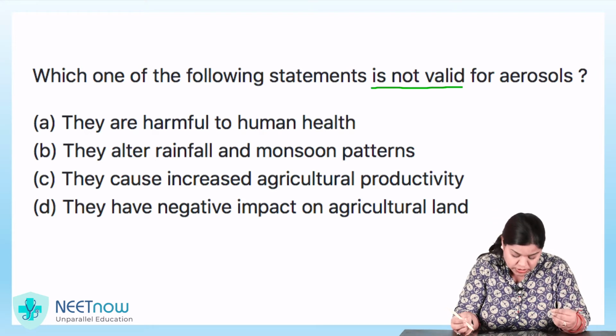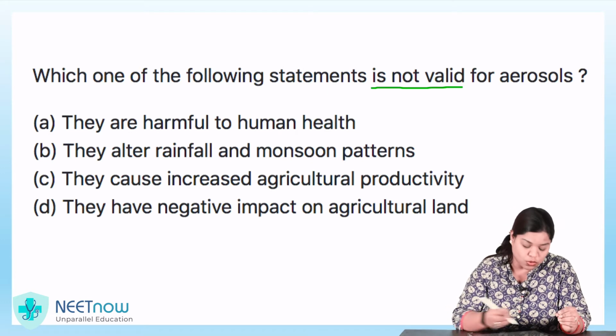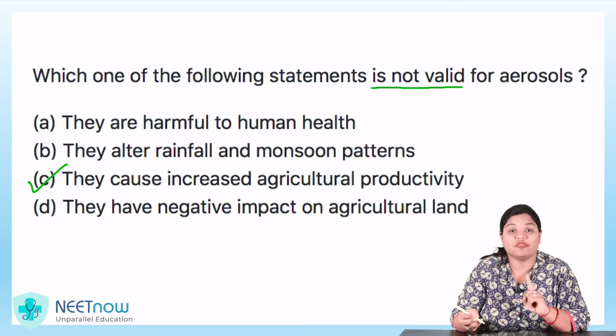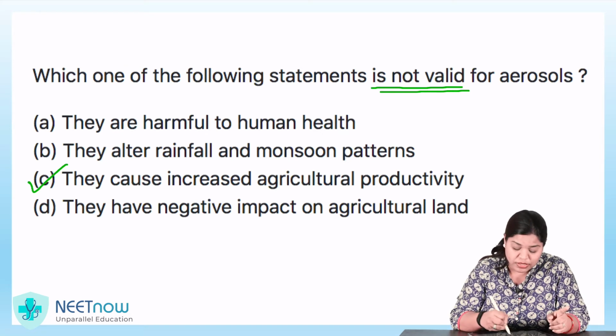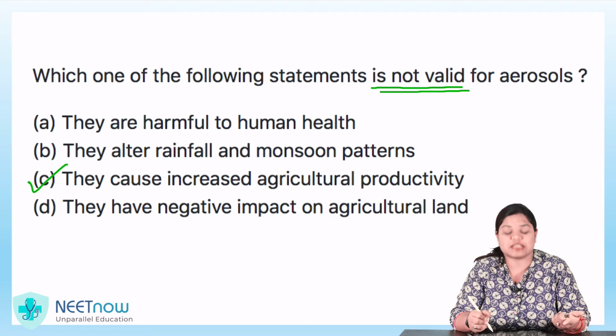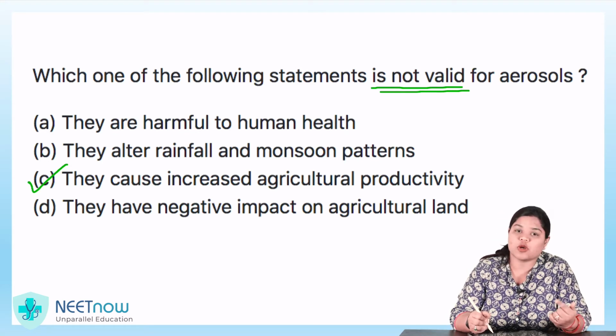The last option is they have negative impact on agricultural land, which is quite true, as we said earlier. So option C is correct, because we were asked which is not valid, which is false for aerosols. They do not increase agricultural productivity, but it is mentioned that they cause increased agricultural productivity, hence this is wrong. So your correct option is option C.